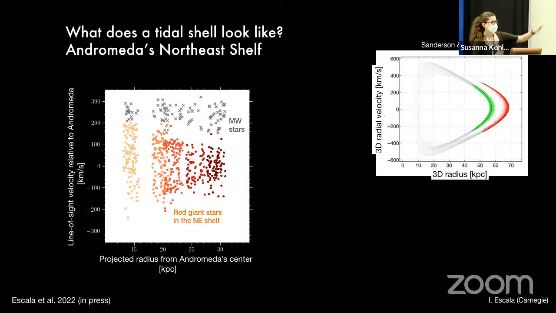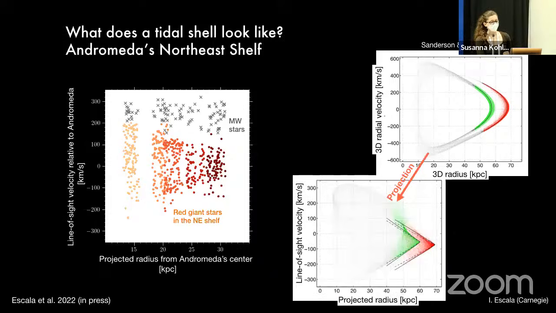So when you look at this in 3D space, meaning the 3D radial velocity and the 3D radius, a system of tidal shells looks like parabolas in this particular space. But when you look at it in projection, which means you only have the stars' positions on the sky and then the velocity along the line of sight, what you instead get is this triangular shaped feature. And that is precisely what we're seeing here.